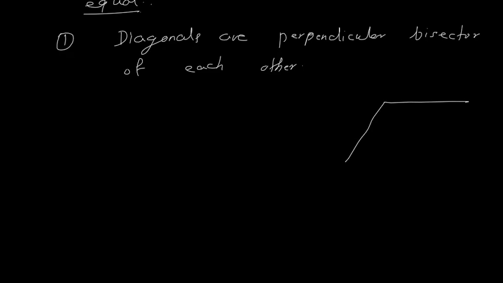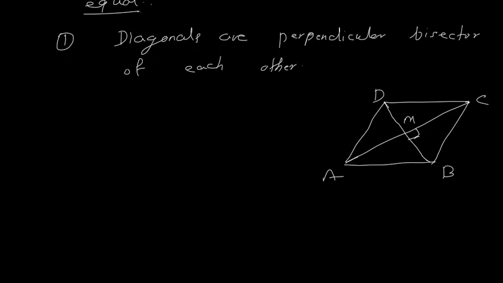So here, if I draw a rhombus, it is something like this: A, B, C, D. Okay. Now this is one diagonal and this is other diagonal, BD. And if you see the angle here, BMC, this is 90 degree.